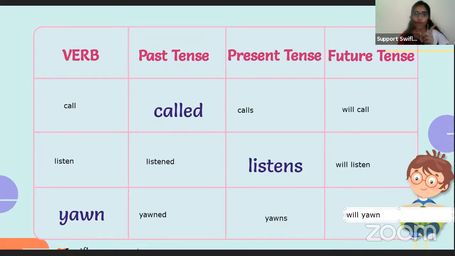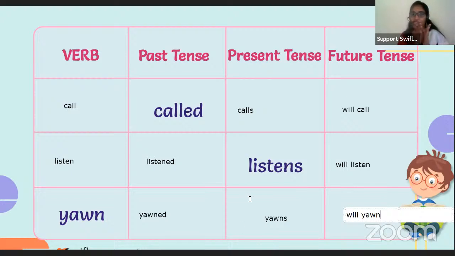Okay. So call: called, calls, will call. If listen is the verb, we say listened in the past tense, listens in the present tense, and will listen in the future tense. And yawn: yawned in the past tense, yawns in the present tense, and will yawn in the future tense. And one thing should be very clear: calls, listens, and yawns, which are written in the present tense, are based on the subject.